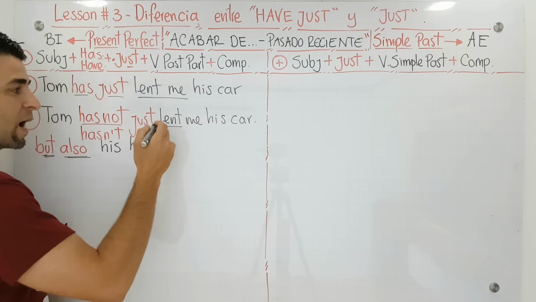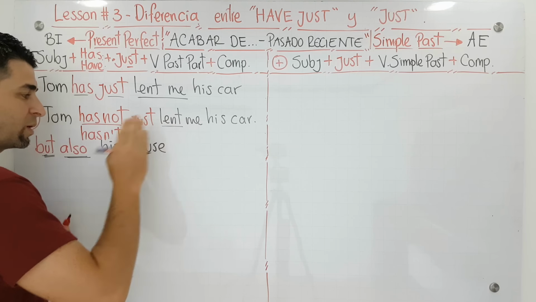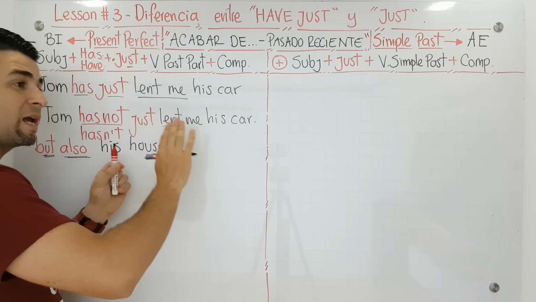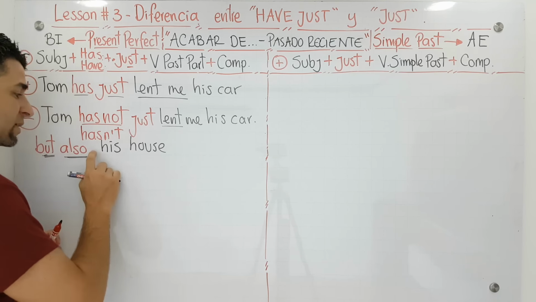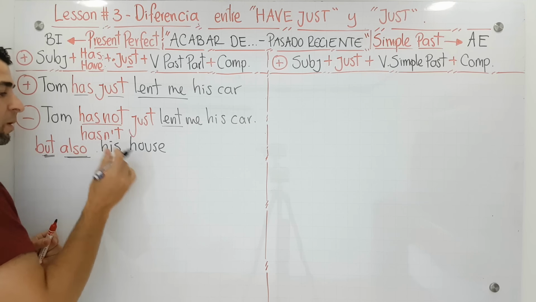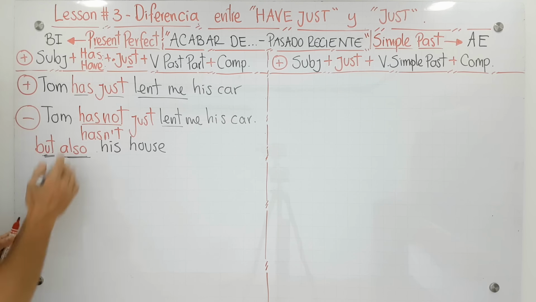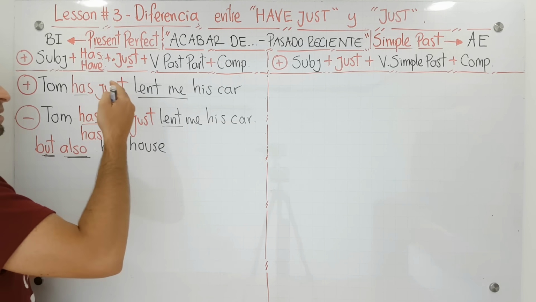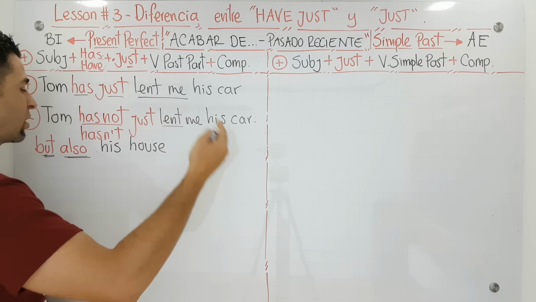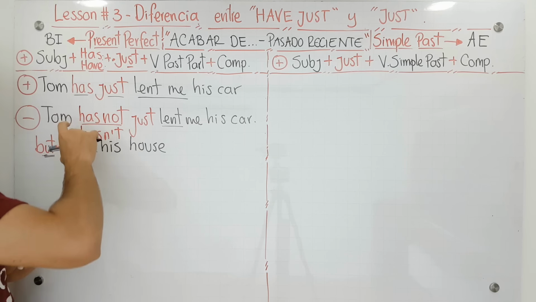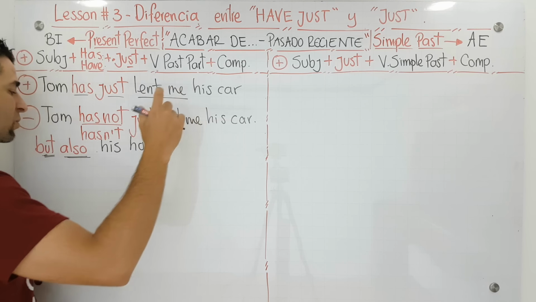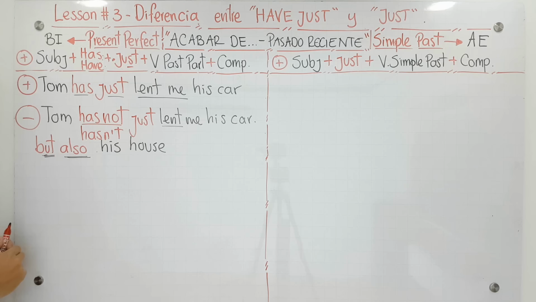Ahora, si usted va a trabajar en esta oración, después de but also, viene otra actividad, otro verbo, tienes que colocarlo en pasado participio. En este caso no fue necesario. ¿Listo? Entonces, ¿qué quedaría? Tom has not or hasn't just lent me his car, but also his house. ¿Sí? No solo me acaba de prestar su carro, sino también su casa. Mire qué chévere cómo lo podríamos trabajar.